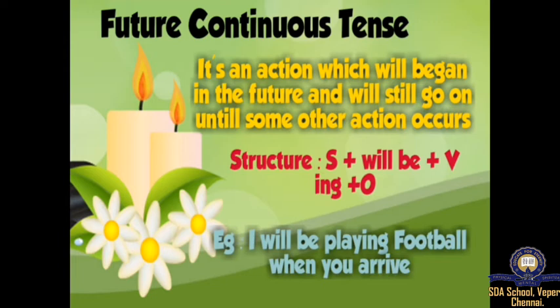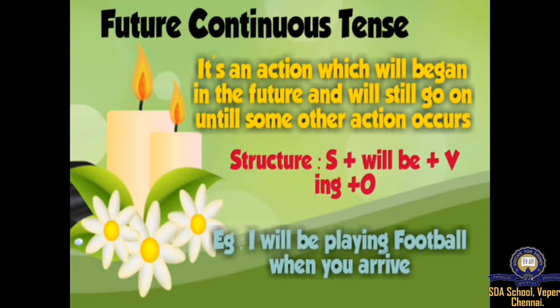Example, I will be playing football when you arrive. Here, the sentence predicts that playing football will go on until some other action happens. Therefore, it's called future continuous tense.